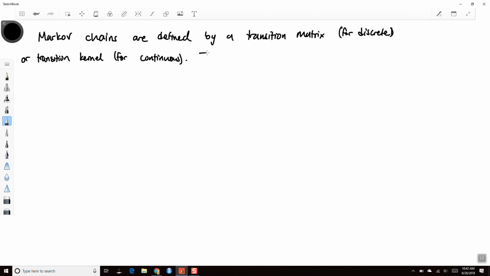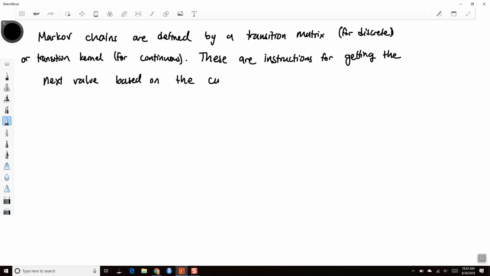Transition kernel, okay? These are instructions for getting the next value based on the current value, okay?